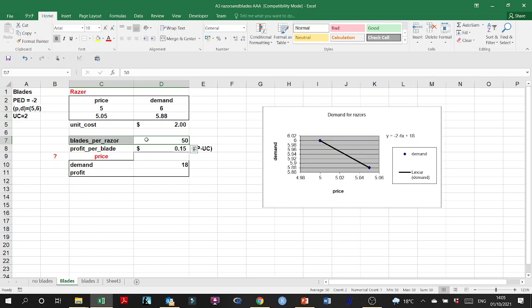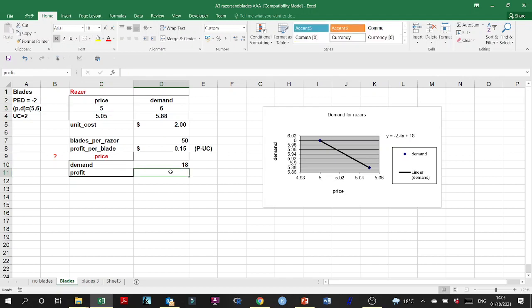So blades per razor is 50, and for each razor we pay 5. The average demand of each loyal customer staying with us is 6. Then they probably go somewhere else, buy another product or whatever, they defect. In any case, this is the demand, this is the price. We want to know if we are pricing correctly.